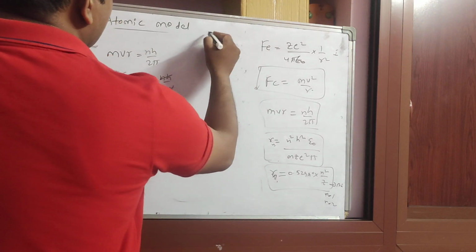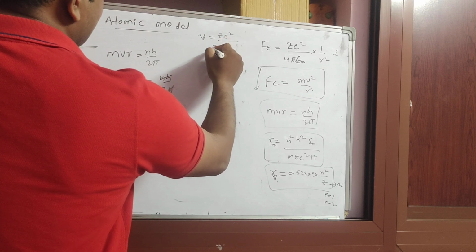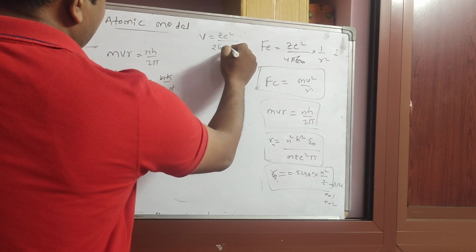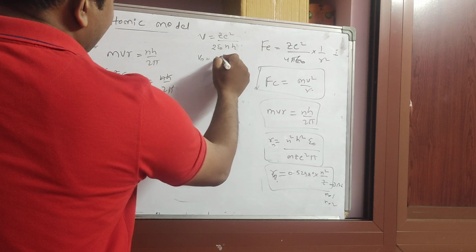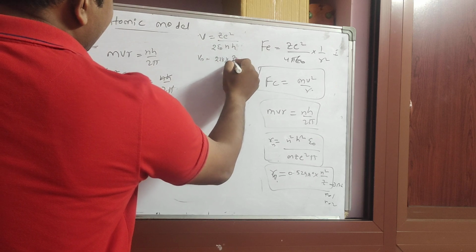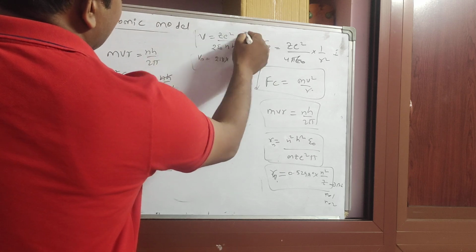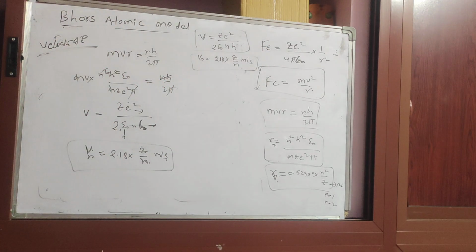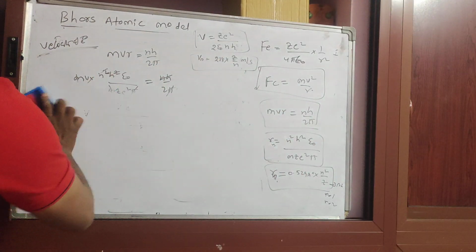The formula is velocity equal to Ze square by 2 epsilon naught nh. In case of nth orbit, 2.18 into Z by n meter per second. You have to remember this, one of the important equations of the electron.